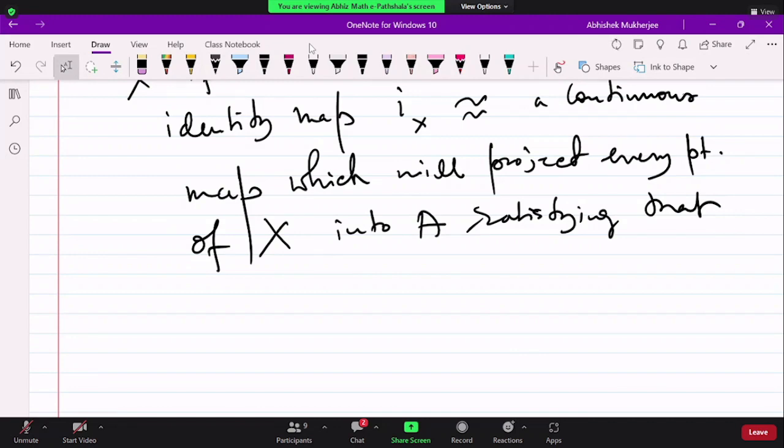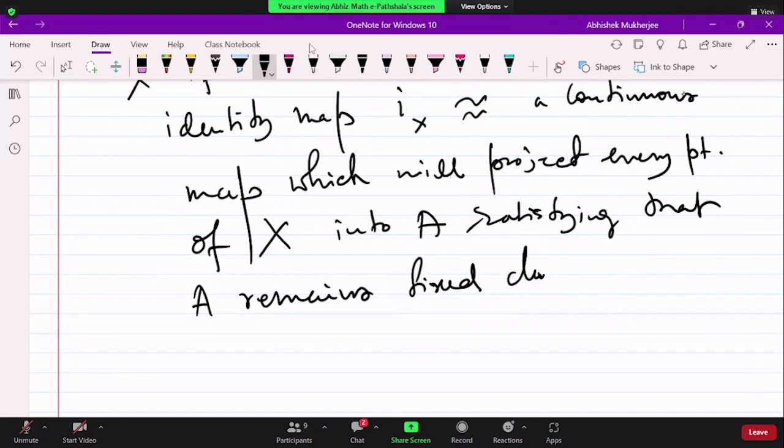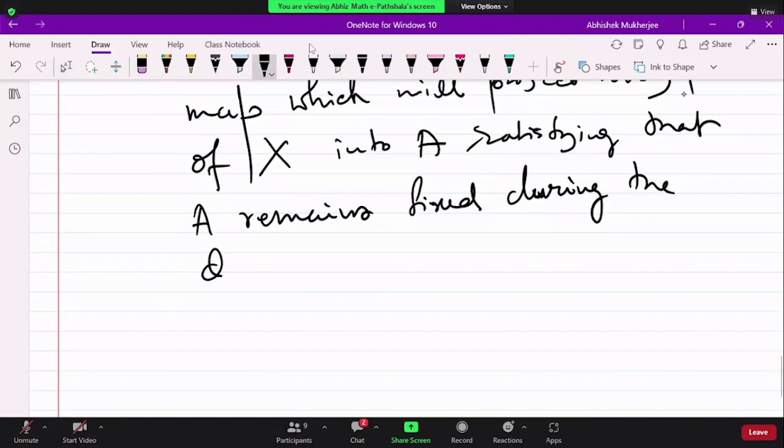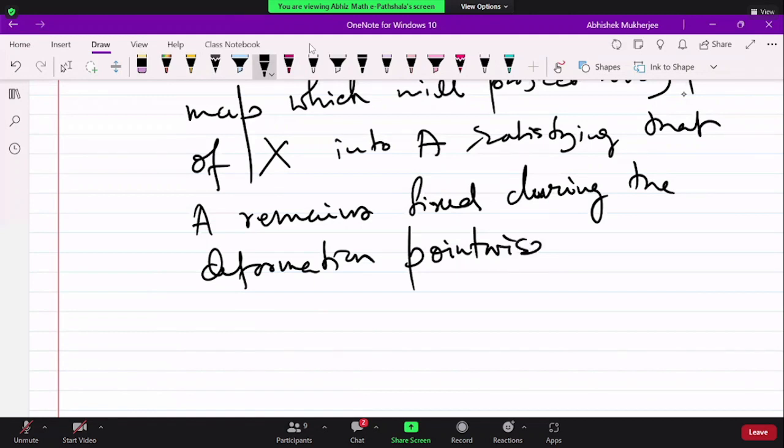So that A remains fixed during the deformation, pointwise.